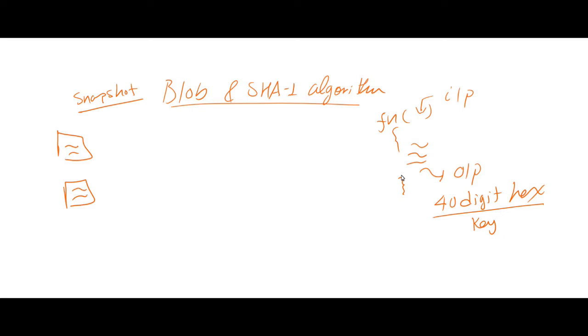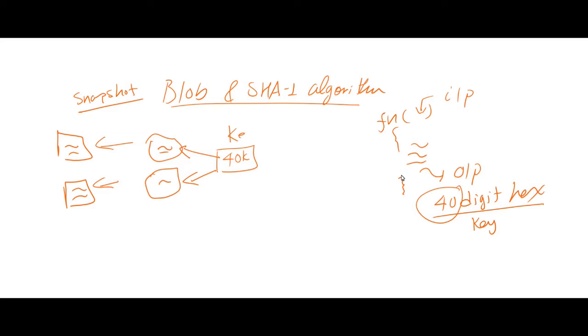What this snapshot means is it simply creates a binary file, and this binary file will be referred to by this 40-digit hexadecimal value. This can be used as a key, and this is the value. So it's basically a key-value pair.